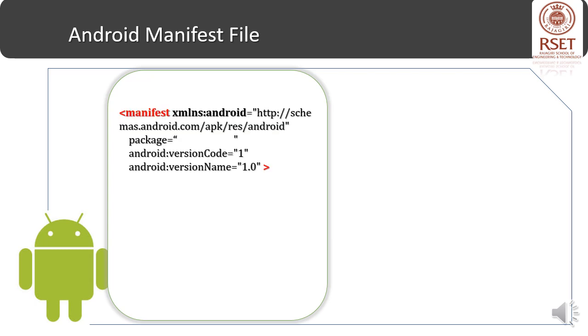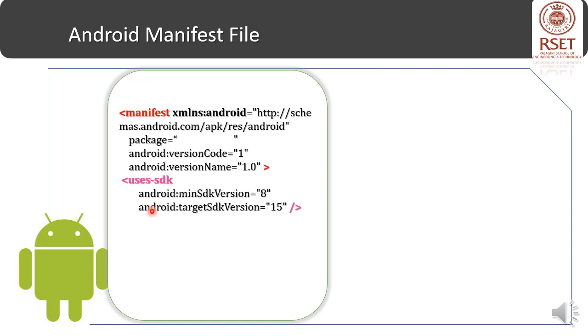A manifest file starts with a manifest element, and this is called the root element of the Android manifest file. It has a package attribute, as you can see here. The package attribute describes the package name of the activity class.